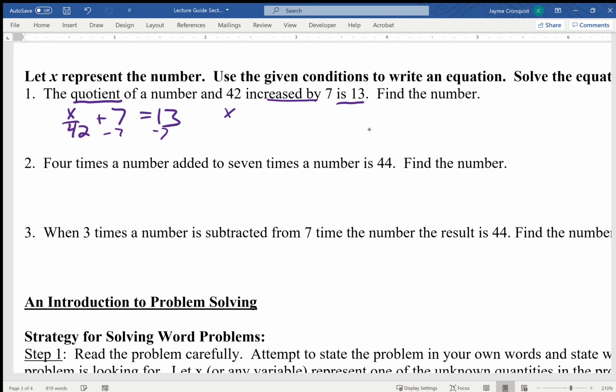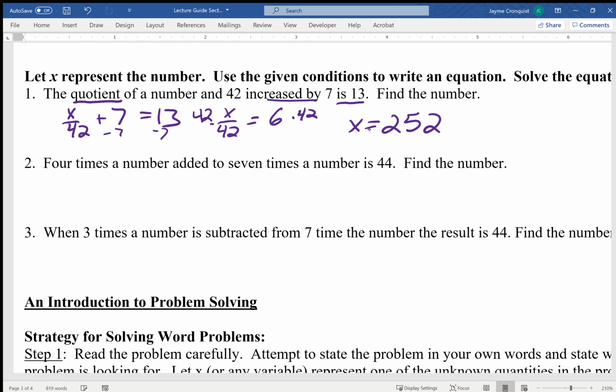I'm going to have x over 42 equals 13 minus 7 is 6. Now I multiply both sides by 42 to isolate the x. That's going to give me x equals 6 times 42, 240 plus 12, 240, 252.